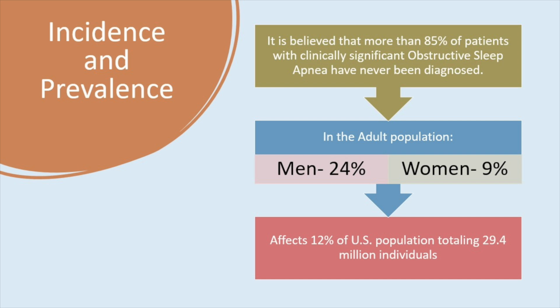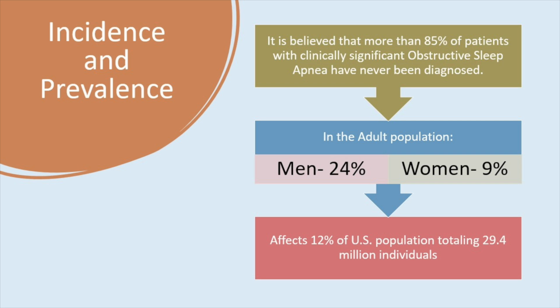So this restrictive breathing phenomenon is also known as hypopnea. And if you remember from previously, that was mentioned when I was discussing the definition of obstructive sleep apnea. And we find here that it is more common in men and affects approximately 29.4 million people.